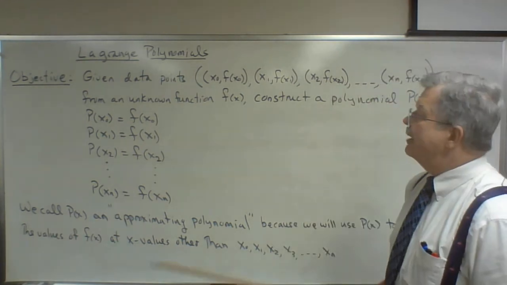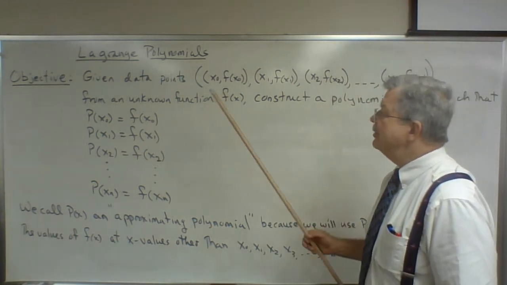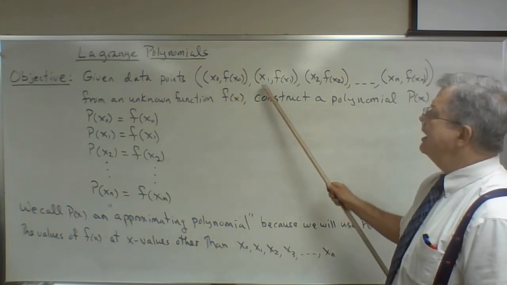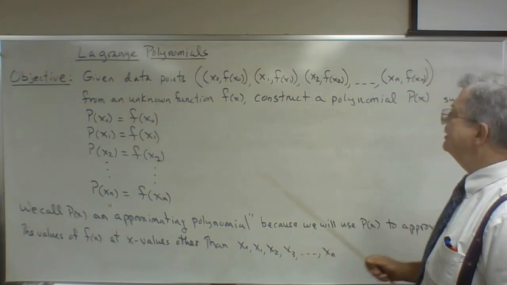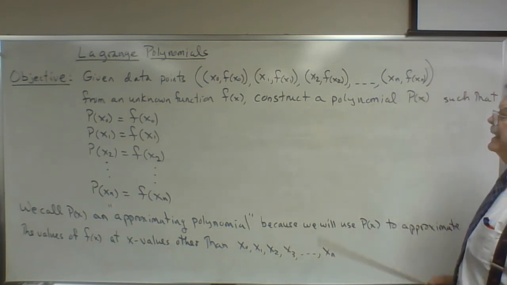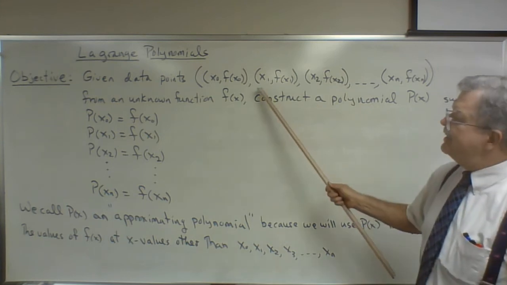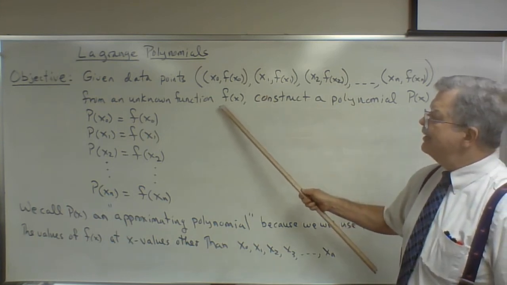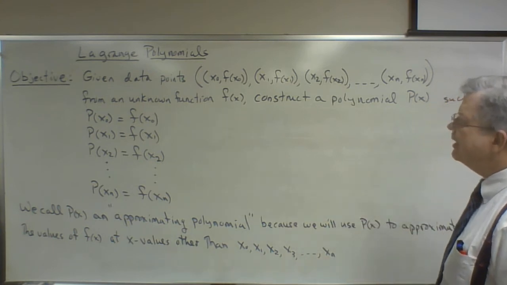And here's the setup. We're given n plus 1 data points, x naught, f of x naught, x1, f of x1, dot, dot, dot, to xn, f of xn. And these data points come from an unknown function f of x.